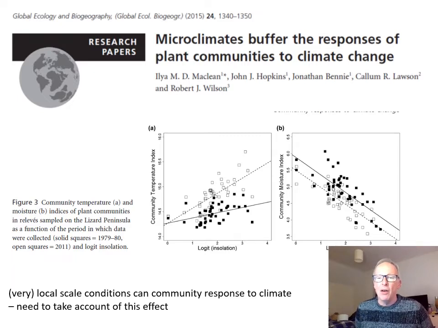So on land, it's clear that the amount of shading a slope gets, and the amount of canopy cover in forests, means that those places underneath, in those shady places and under the canopies, may be protected from the effects of climate change. So when looking at changes at a local scale, you have to be aware of a potential modification of the trend because of some local effect.